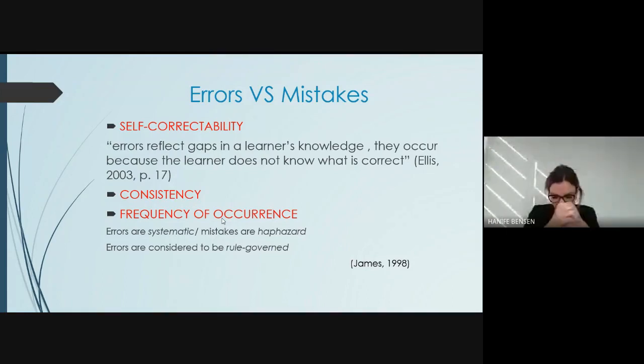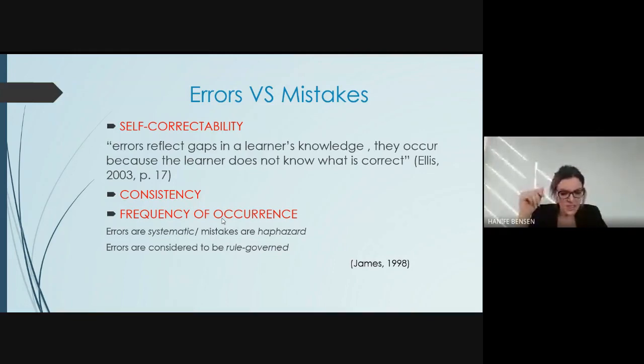That is, errors which have a rather low frequency are considered to be mistakes, and those that have a high frequency, so that occur a lot, are called errors. In other words, errors are systematic and mistakes are haphazard. So they just pop up now and again.